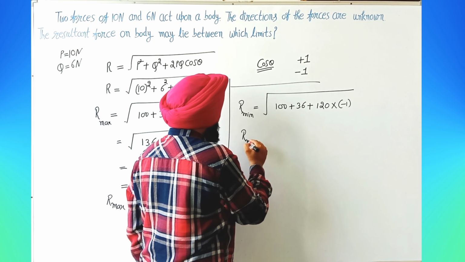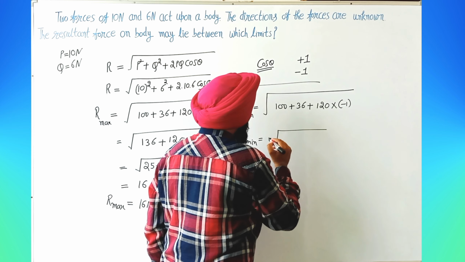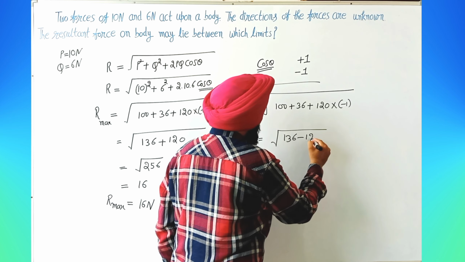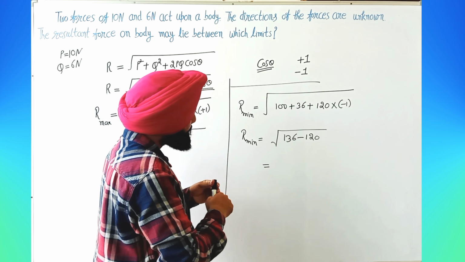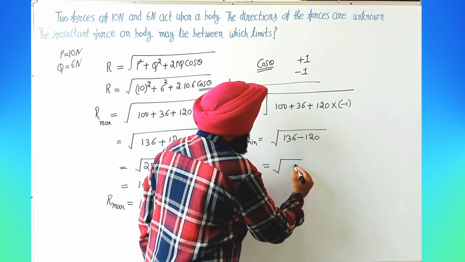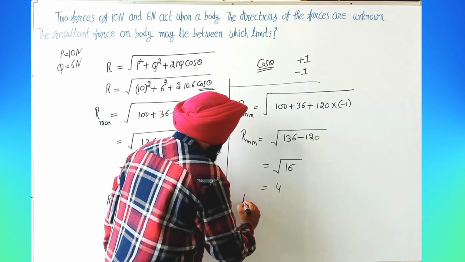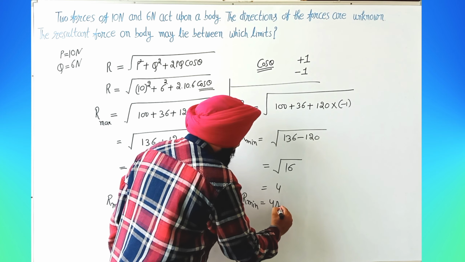So R minimum equals square root of 136 minus 120. So this becomes square root of 16. So R minimum equals 4 Newton.